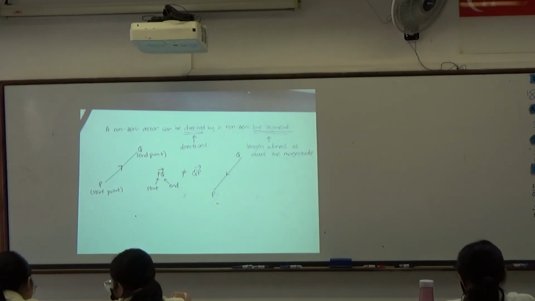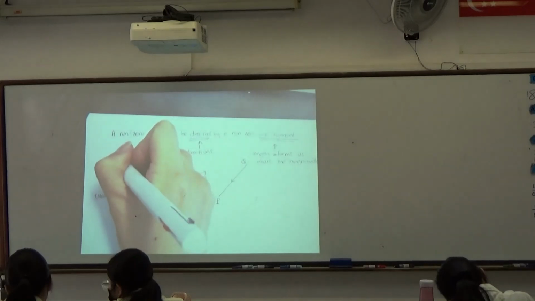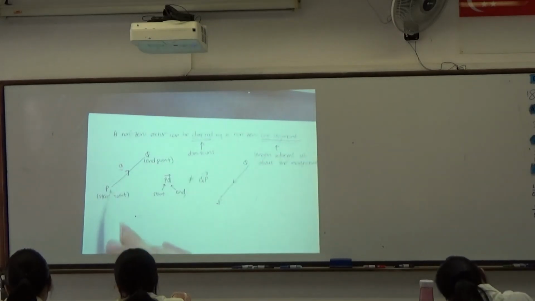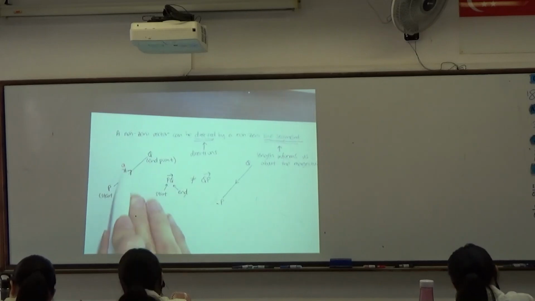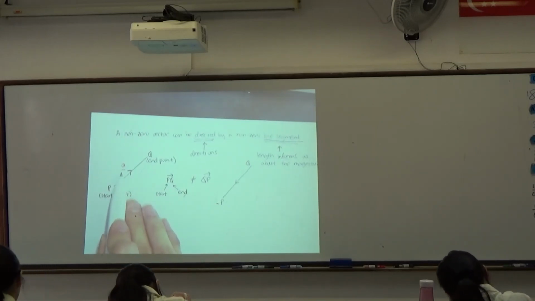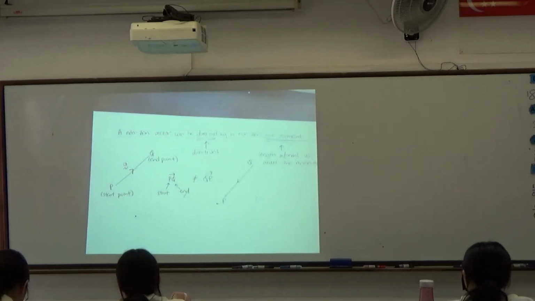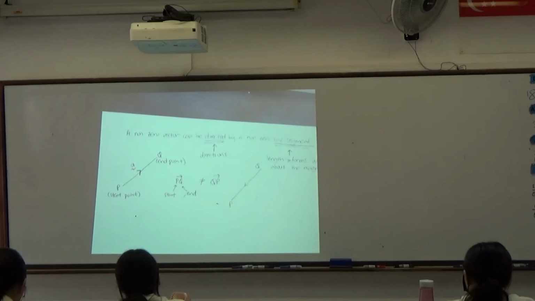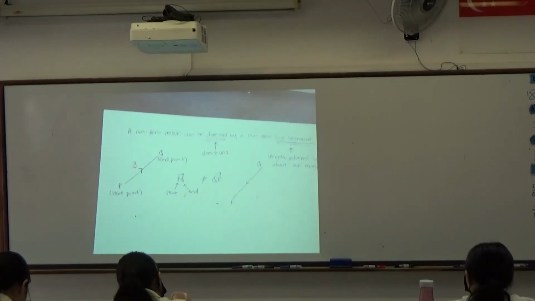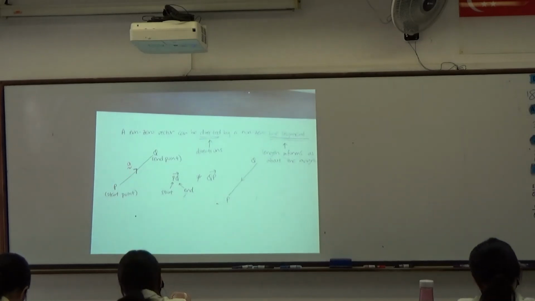So this is one notation that you will commonly see, whereby there is a start point and an end point. Another notation that you will commonly see is this, whereby instead of having P and Q labeled, maybe they use a small letter. In this case I use a, and then there is a tilde sign at the bottom. In printing, they usually don't print it in this manner. They will print it in bold.